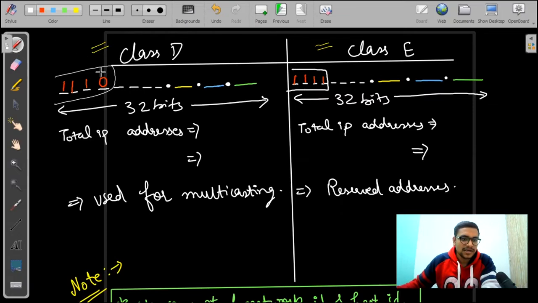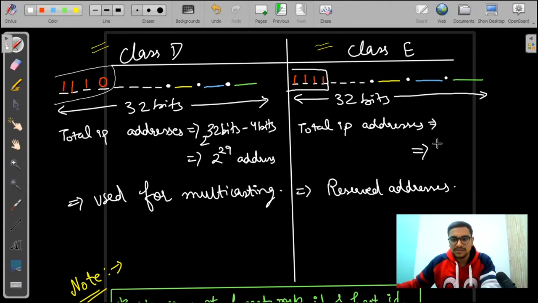So the total number of IP addresses possible in class D is 2 to the power 32 minus 4 bits, which is equivalent to 2 to the power 28 addresses. Similarly for class E, it is again 32 bits minus 4 bits, which is 2 to the power 28 addresses.